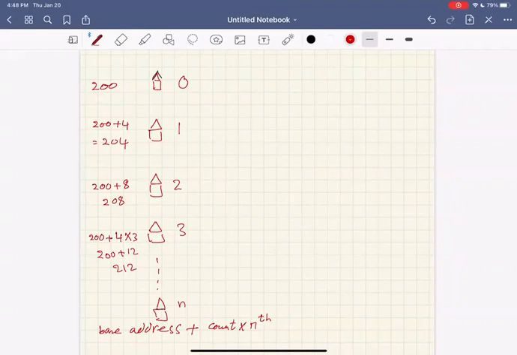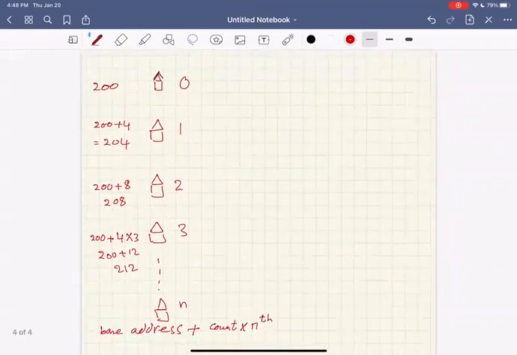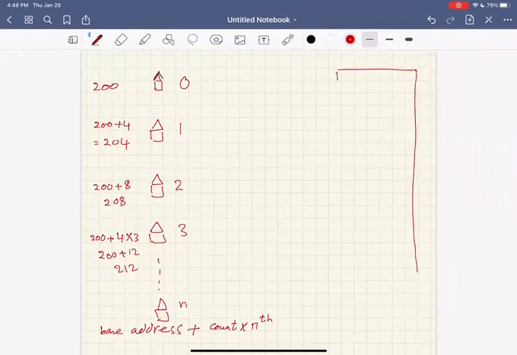How? Assume right now that I have a memory, and this memory has different locations, of course, which are different rows. And the width of the memory is 8 bits.